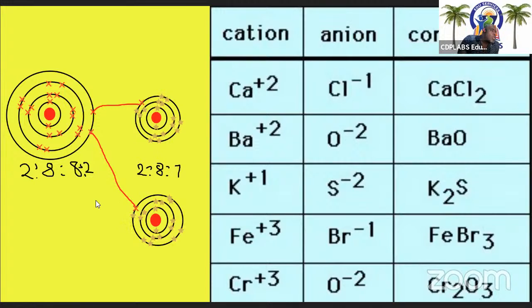Right there. So how many chlorine atoms did we use now to bond with calcium atom? How many chlorine atoms we use to bond with calcium? How many?